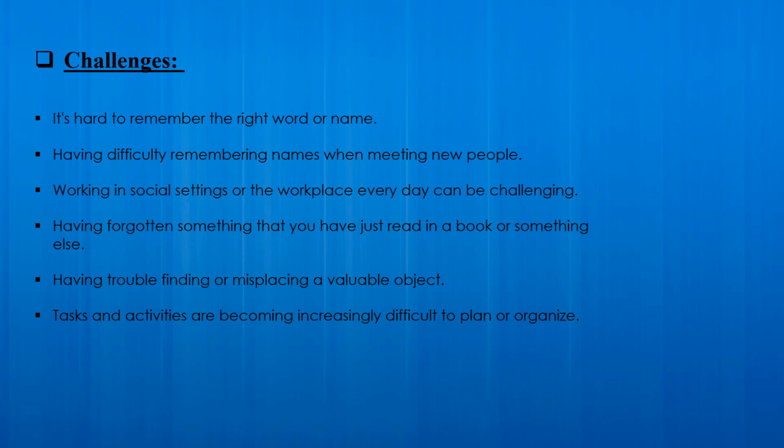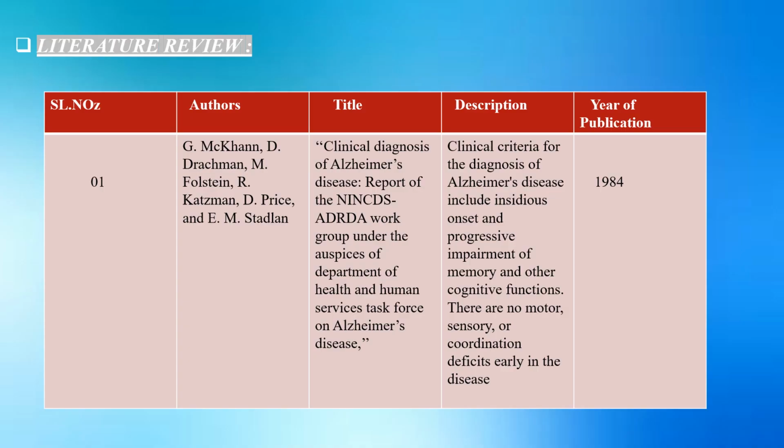They have trouble finding or misplace valuable objects. Tasks and activities are becoming increasingly difficult to plan or organize. So these are the main challenges of Alzheimer's patients, due to the deposition of protein plaques in the brain. The part of the brain which is used to store memory will be affected. So these are the challenges faced by patients of Alzheimer's disease.